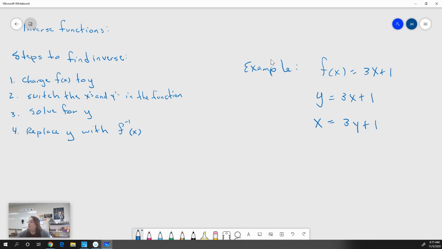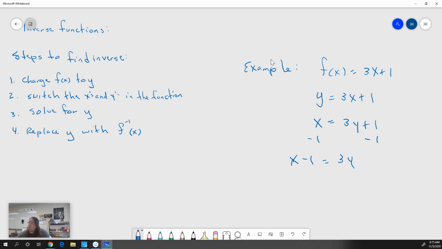Now I have to solve for y, which means I want y to be isolated. I want it to be the only thing on one side of the equal sign. So I'm going to start taking everything off of it. I'm going to start with subtracting 1 from both sides, and I get x minus 1 equals 3y.